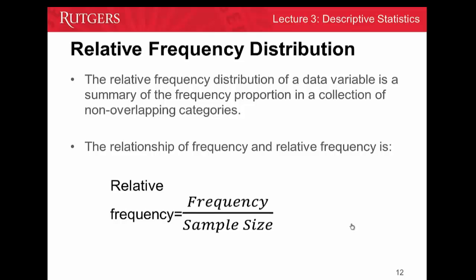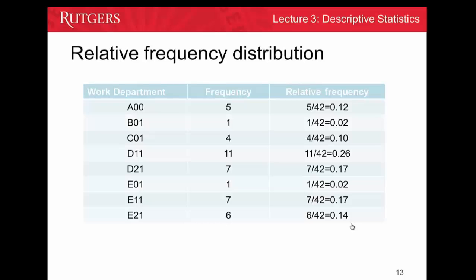Okay, let's take a look at an example. Here, we still use the employee master data and use a column of work department. And so we know that the frequency of the different values in work departments is listed here.